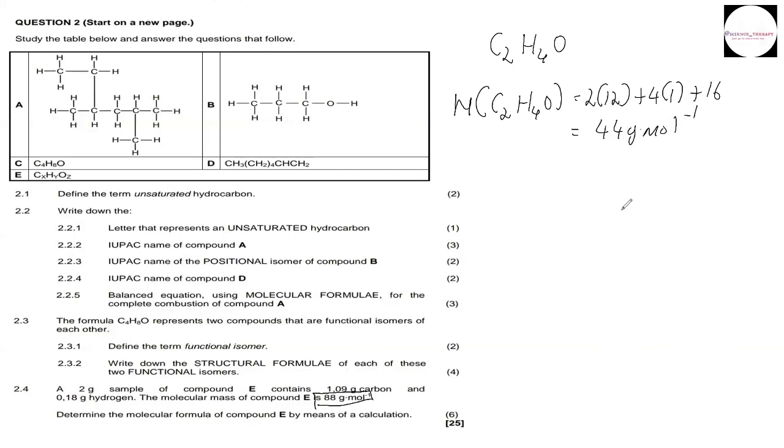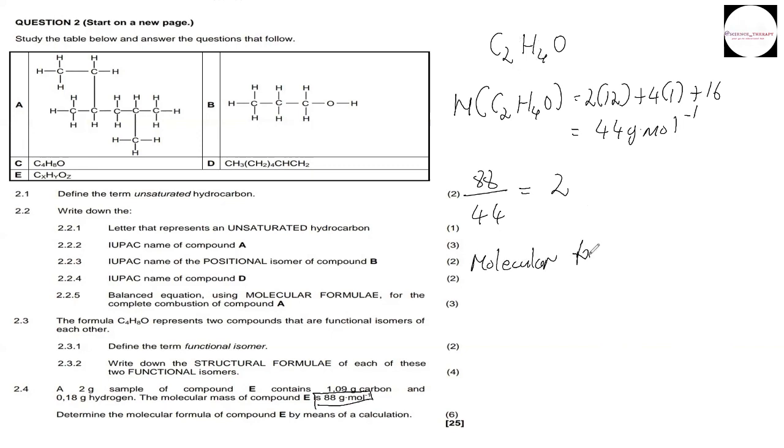So to find our molecular formula, we need to take the 88 grams that we are given. So it's 88 divided by the molar mass of the empirical formula, which will give us 2. Now this 2 is the number that we multiply with here to find the molecular formula.